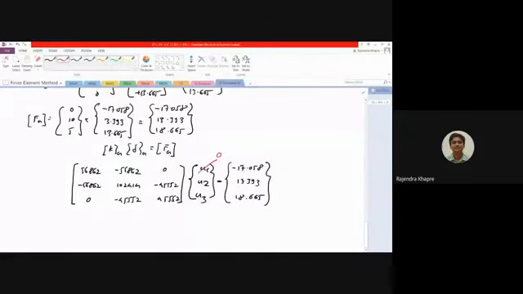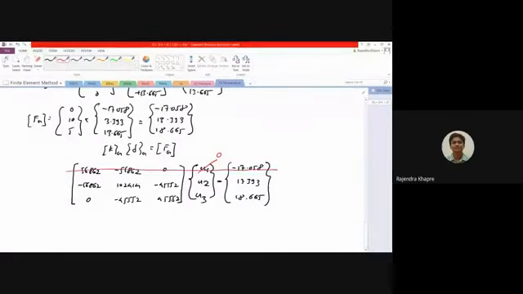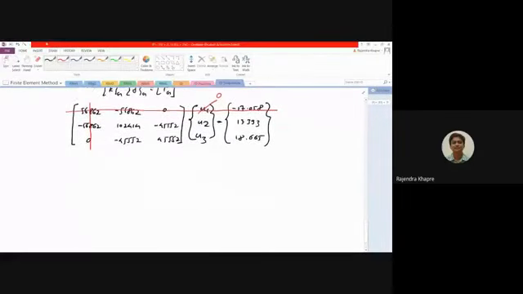So what you can do is eliminate the first row, and then eliminate the first column also. So at the end you will end up with a simple 2 by 2 matrix.